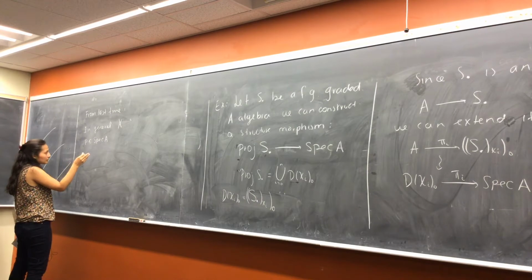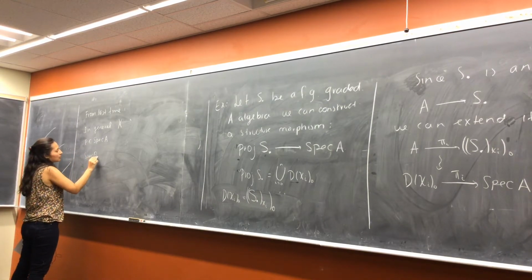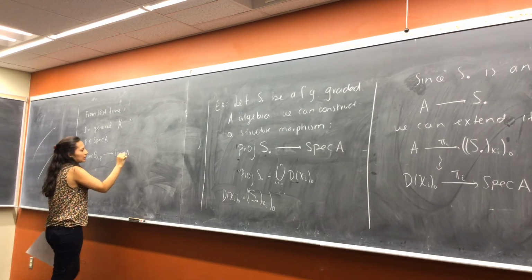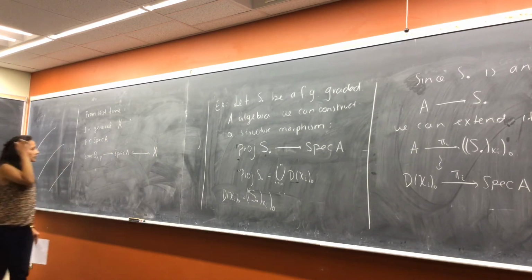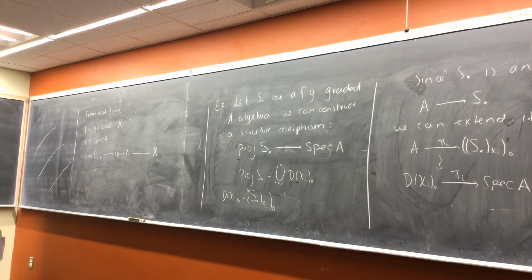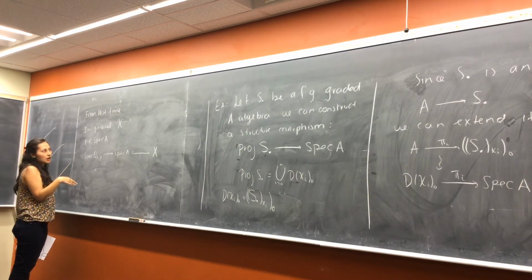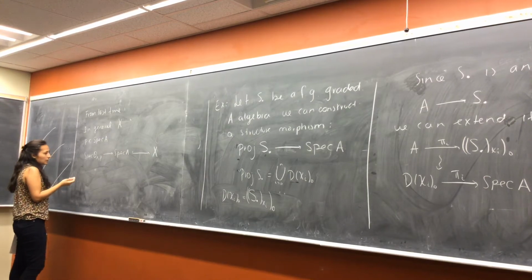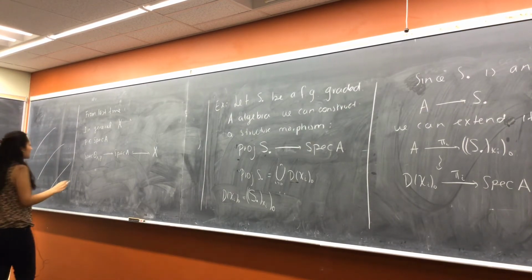So this gives you the map from spec O_{X,P} to spec A, and then we include it into X. But this could have the problem that the map depends on the open that you are working with. I think I didn't give a name for this, but I will call this the epsilon map.